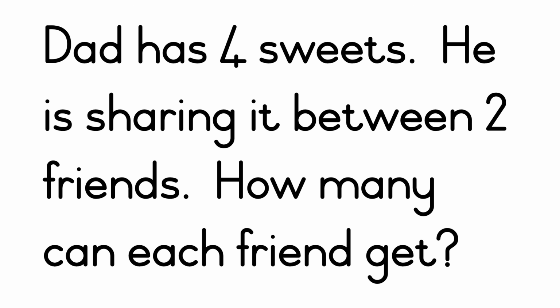And then underneath your tummies, you write the number symbol of how many sweets were in each tummy. Right, let's see. You should have a number symbol 2 underneath each tummy because each friend could get 2 sweets today.